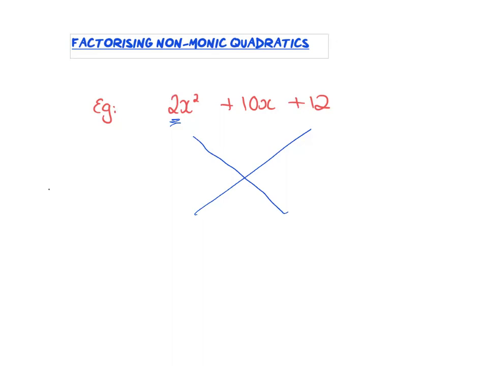What do you times together to get 2x squared? 1x and 1x would only give x squared. So what am I going to have to do, Luke? Yep, so we're going to try 2x and x, because we know that 2x times x would give 2x squared. So that makes 2x and x factors of 2x squared.